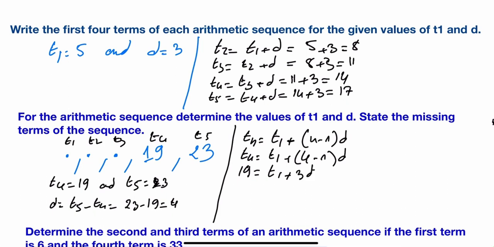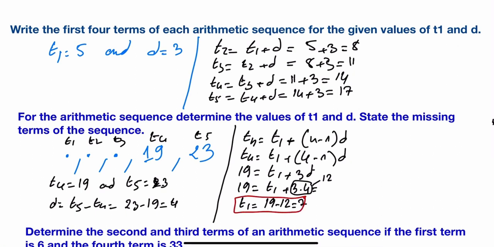And we know D is 4. So we can write 19 is equal to T1 plus 3 times 4, which is 12. So we can write T1 is equal to 19 minus 12, which is 7. So we just found our T1.